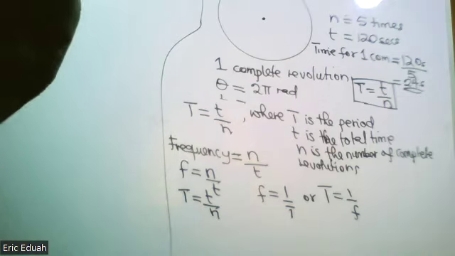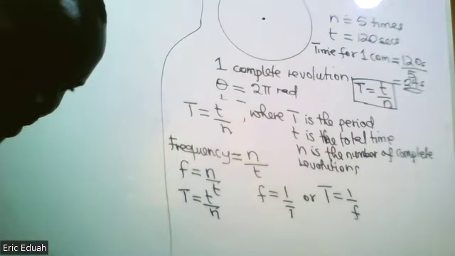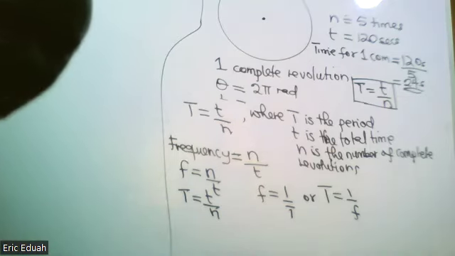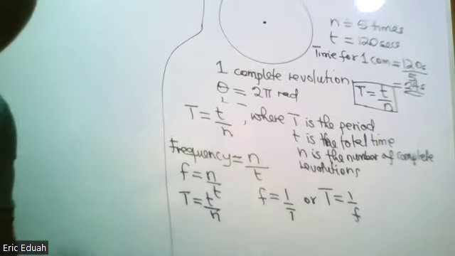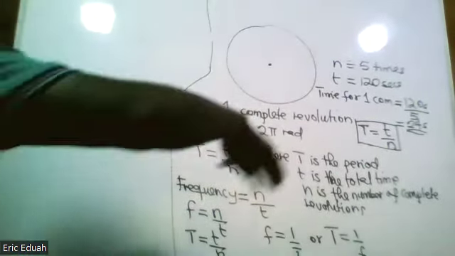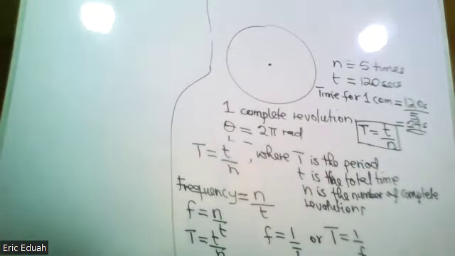So within 1 second, we want to see how frequently you can move round the circle or the oval. So we define frequency as the number of complete revolutions made within 1 second.